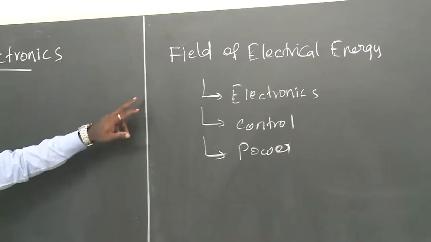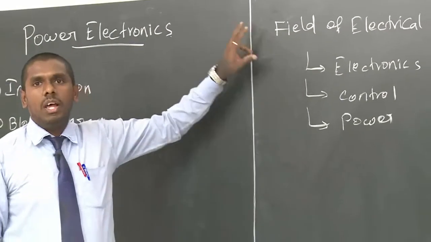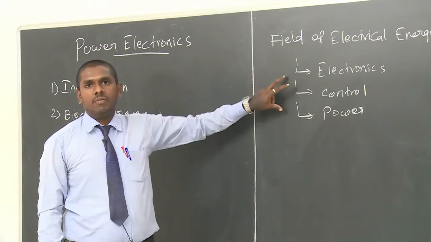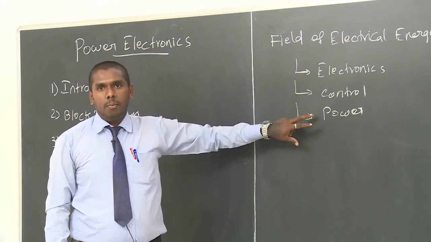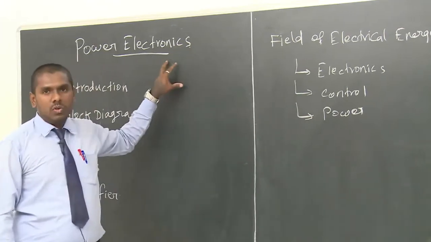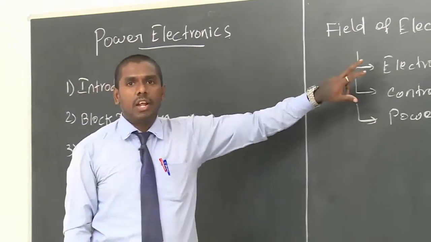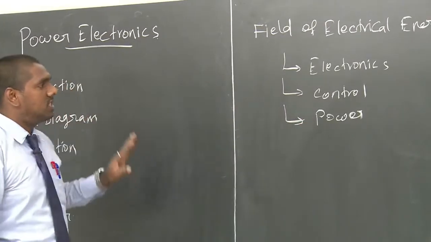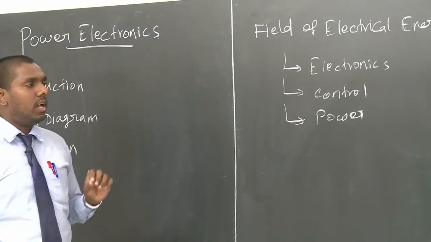Based on these three parts combined, you get the whole of electrical energy. In this part we take electronics and power. So power electronics is combined partially of electronics and partially of power. This is the general basics of electronics.